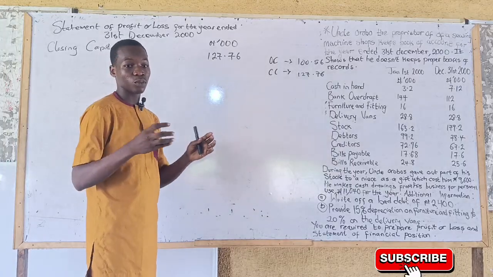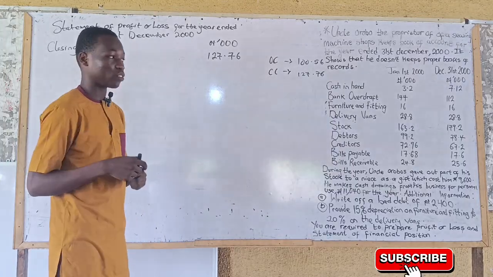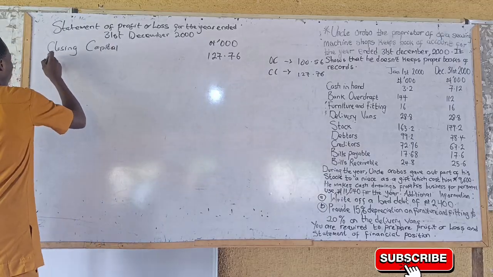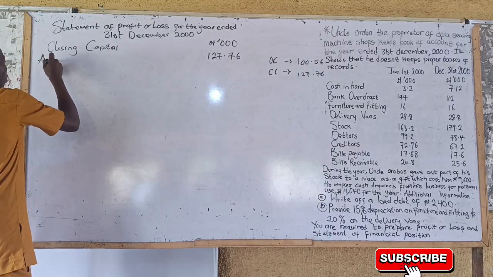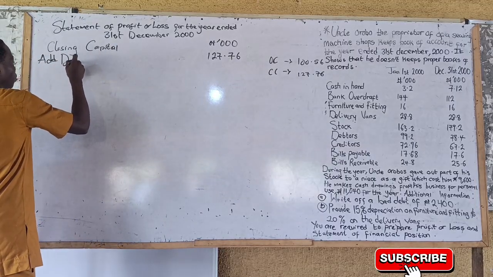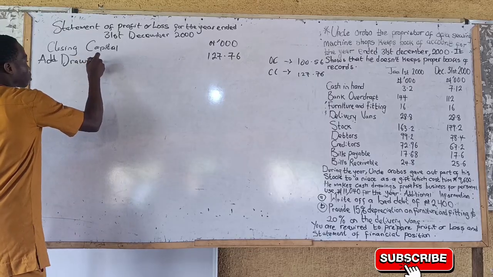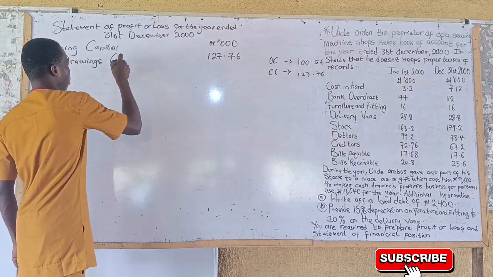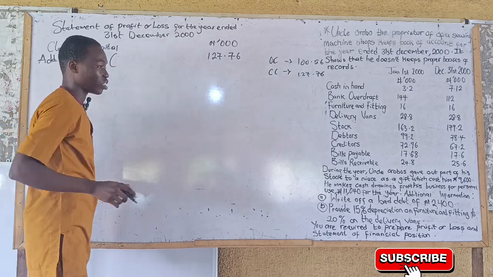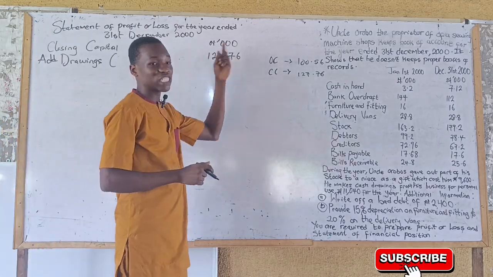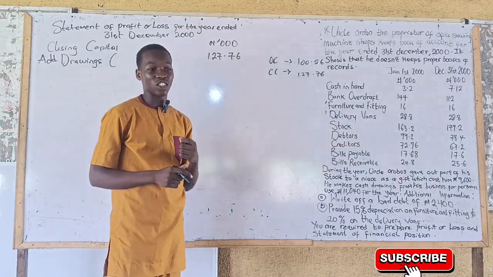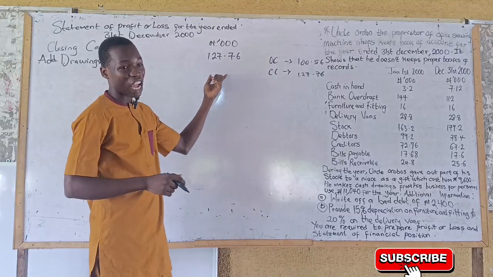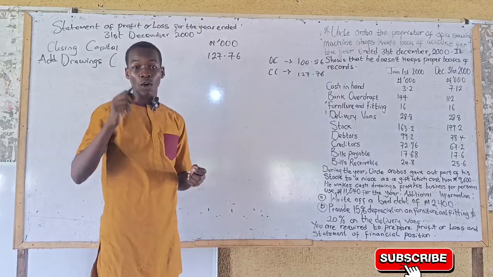Therefore, we are going to add the two amounts together. That is going to be the total drawing for the year. So we are adding drawings to our closing capital. So we have drawings. The first amount is 9,600. Now, don't forget our money is in terms of 1,000, as I said the other time. It simply means that the original amount is divided by 1,000.